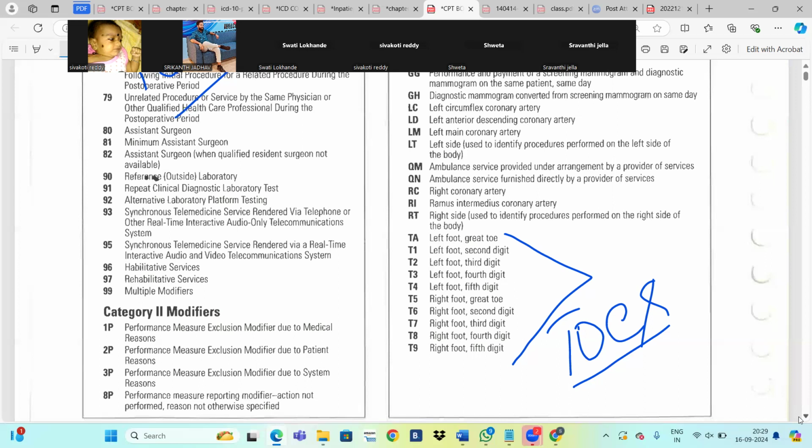So here, left foot, great toe. Left foot, second digit, third digit, fourth digit, fifth digit. Or they will give lesser toe, like left foot, second lesser toe, third lesser toe. They will tell like that. Great toe, lesser toes. For each toe we don't have a specific name. They will tell great toe and lesser toes.